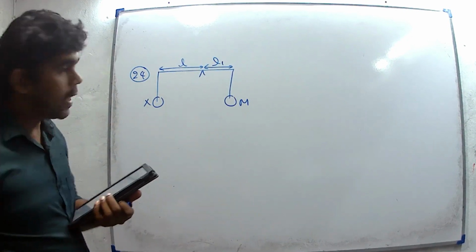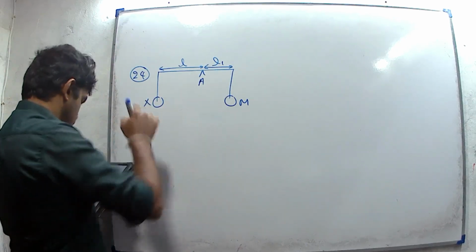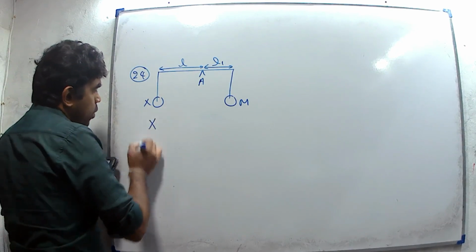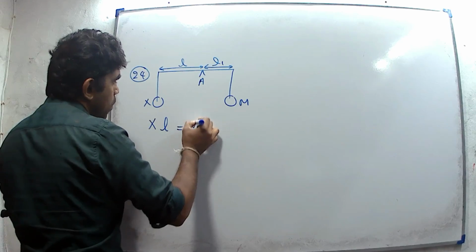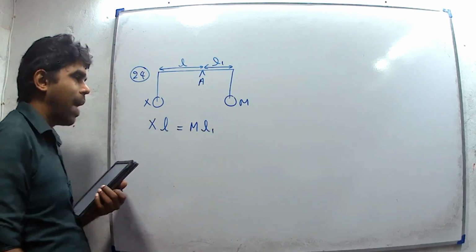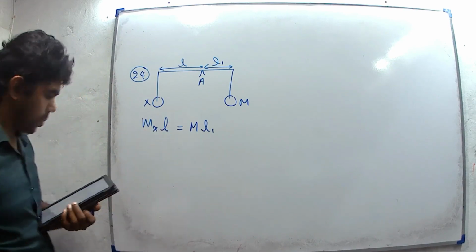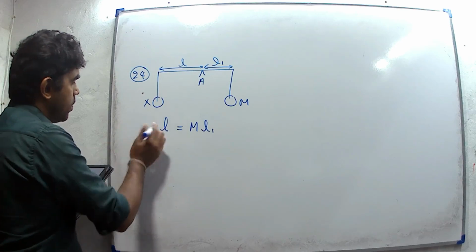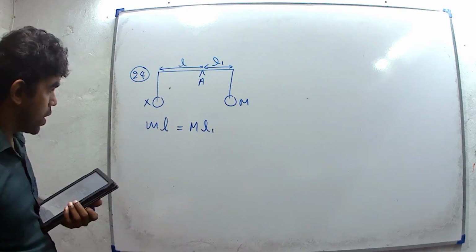Now I will consider torque around this point A. Mass of X into length L should equal M into L1. X is the mass of X; I will consider it as mx. Now I will get it as simple M. It is the first equation.